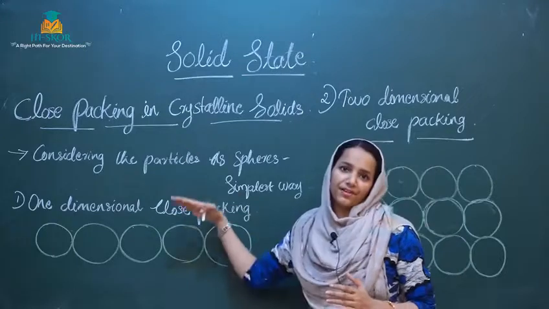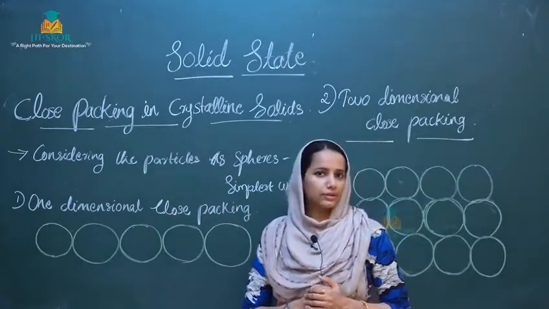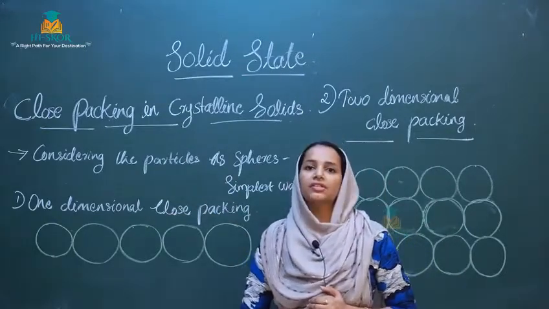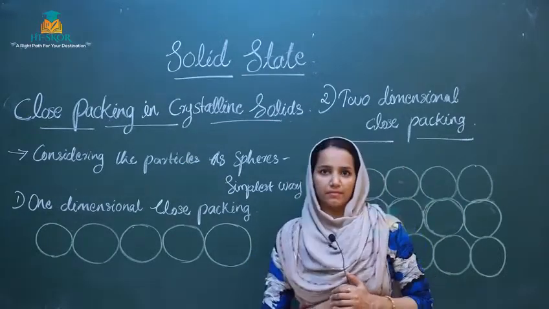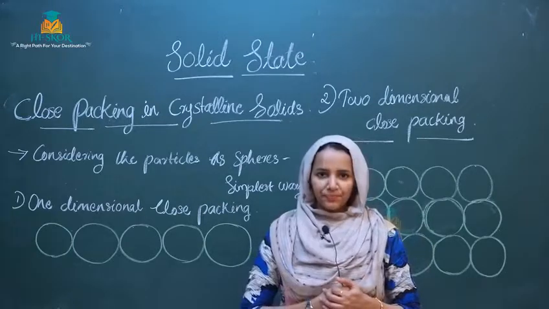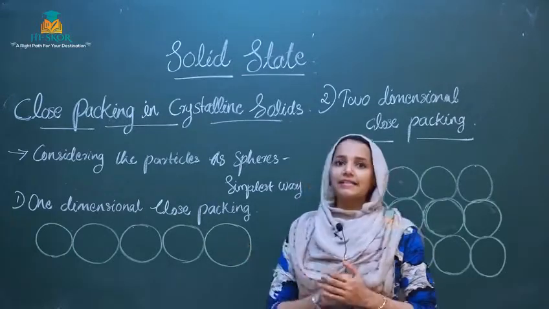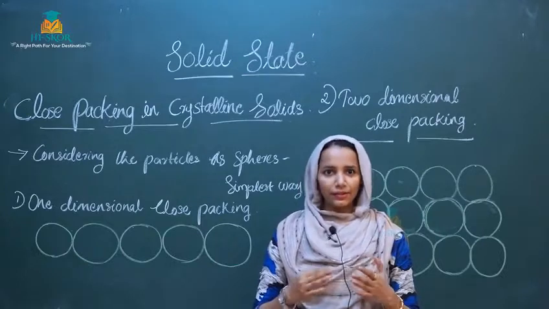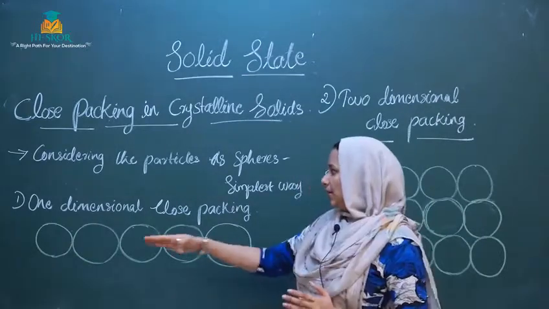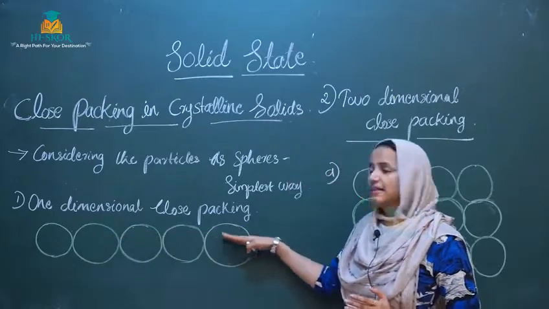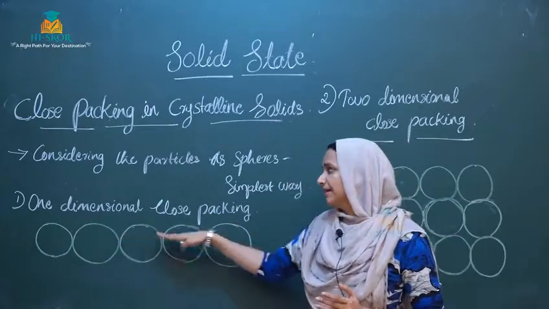So we have different types of close packing in solids. The first one is one-dimensional close packing. What is that? We know in one dimension we need only one basis vector. So the spheres are arranged in a linear manner, only in one dimension.